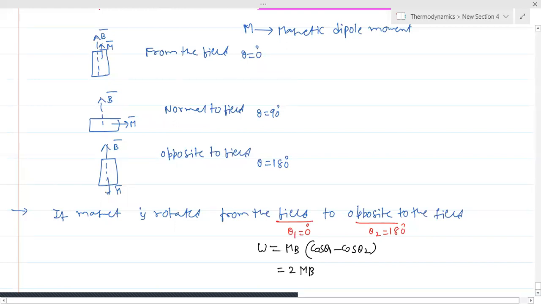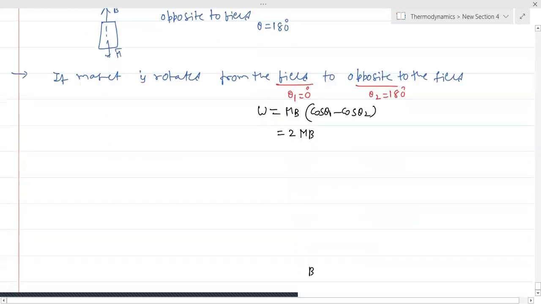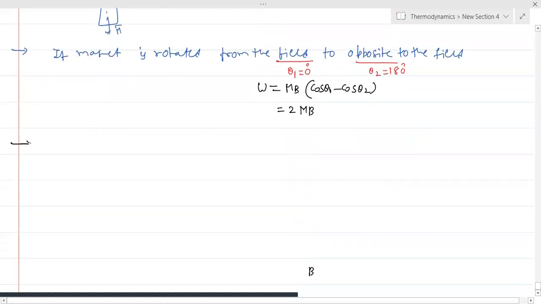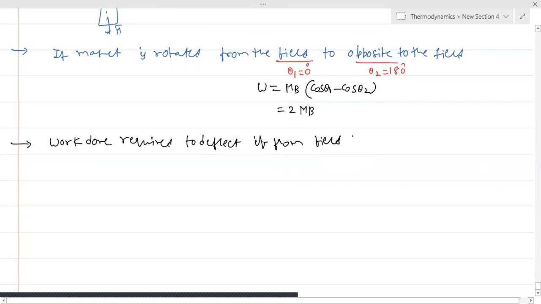Suppose we take the work done required to deflect it from field direction to normal to the field.